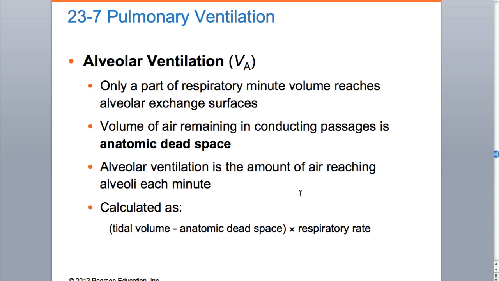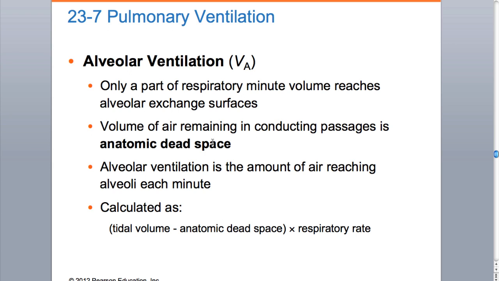Next slide. Starting from this slide onwards, you're going to have a lot of definitions. Please put them on a flashcard. Earlier we learned that we have what's called a conducting portion, which was terminal bronchioles and upward. And then we also have respiratory bronchioles and downward, which was where gas exchange occurred.